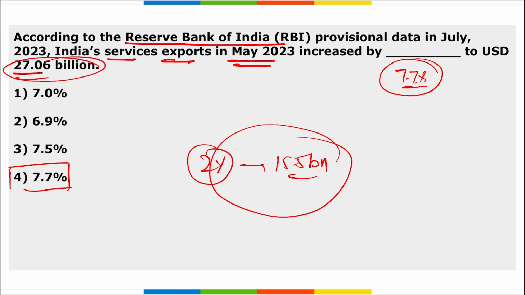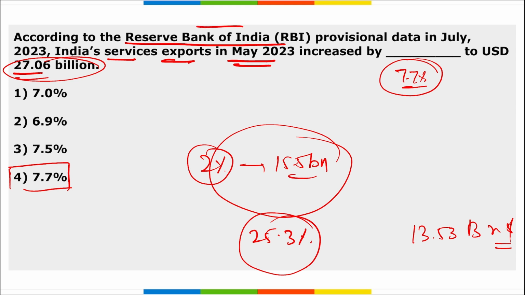The government's initial estimate released in June indicated that the services exported amounted to $25.3 billion. Correct? While the service import was $13.53 billion. So, RBI provisional data: India's service export increased by 7.7% to $27.06 billion. And what was expected earlier? It was 25.3.